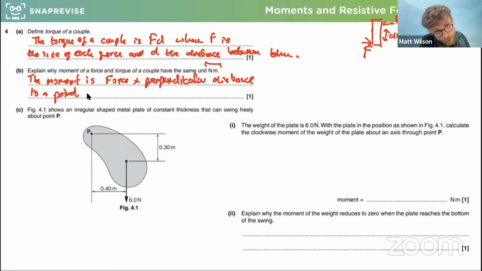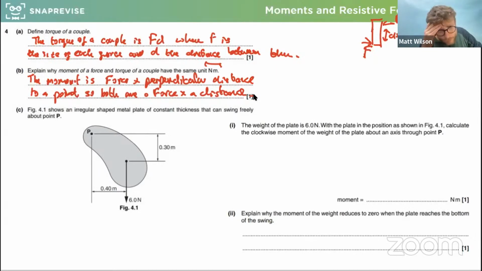So both are a force times a distance. Good. I remember, in fact, we said that the torque is just a particular kind of moment. It's basically a sum of the two moments created by these two equal opposite forces at different points.